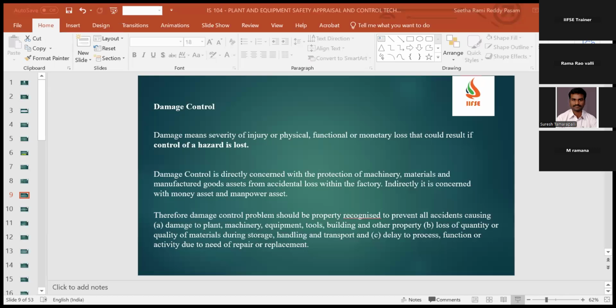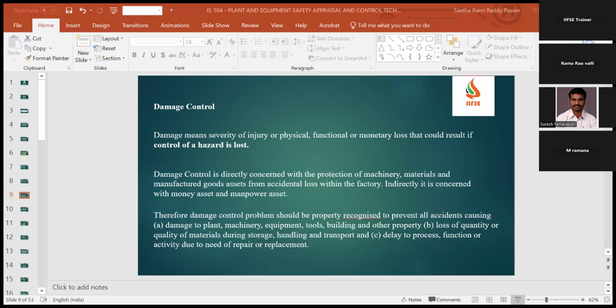Okay, therefore the problem of damage control should be properly recognized to prevent all accidents causing damage to the plant, equipment and machineries, loss of quantity and or quality of your materials while storing.